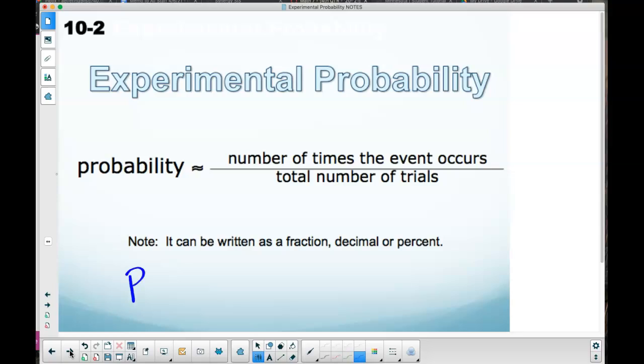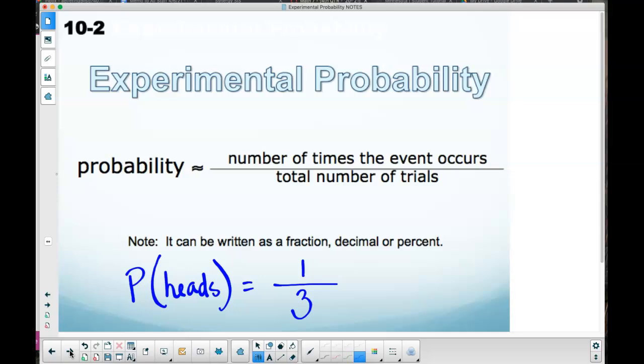I just flipped a coin, so I would say the probability of getting heads on that coin. How many times did I get heads when I flipped the coin? Only once, right? I got heads once. So that's how many times that event occurred out of 3 total flips of the coin. Now that's a fraction.